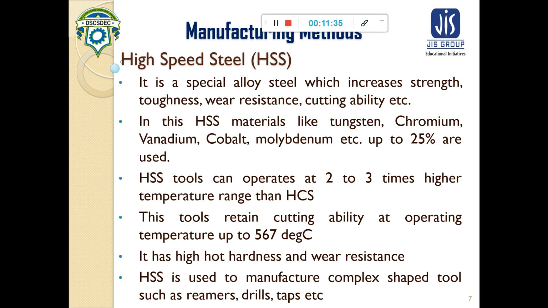Now for high speed steel. What is high speed steel? High speed steel is a special alloy of steel which increases strength, toughness, wear resistance, and the cutting ability. So this is the HSS tool.